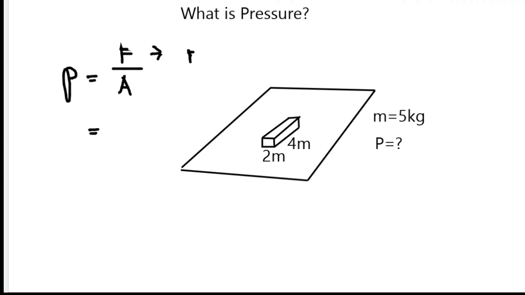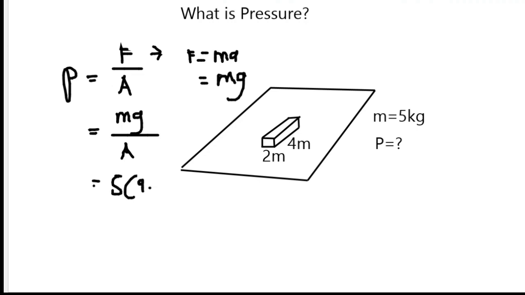The only force acting on this object is its weight, which is mass times gravity. So we can replace F with mass times gravity, and let's leave the area there. The mass is 5 kilograms, our gravitational acceleration on Earth is approximately 9.8, and we have area, which is 2 times 4.